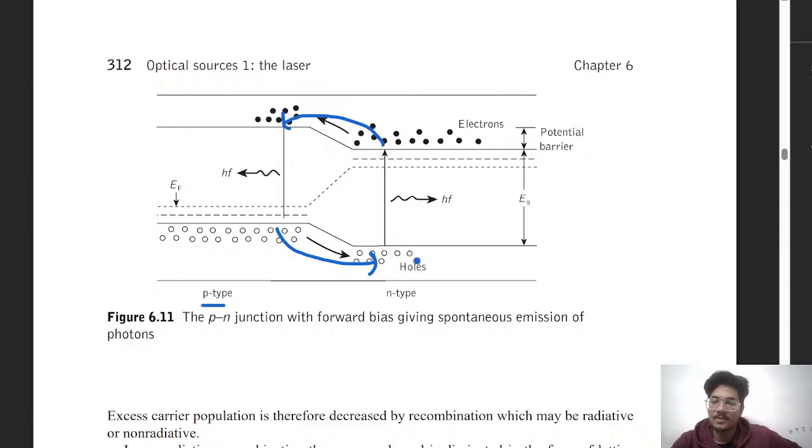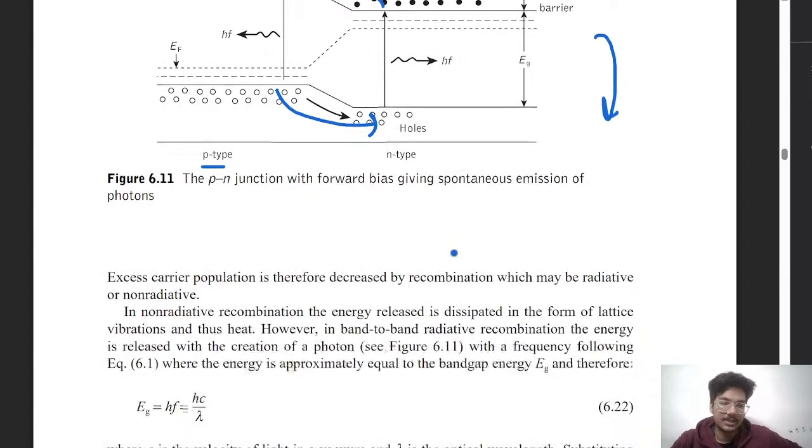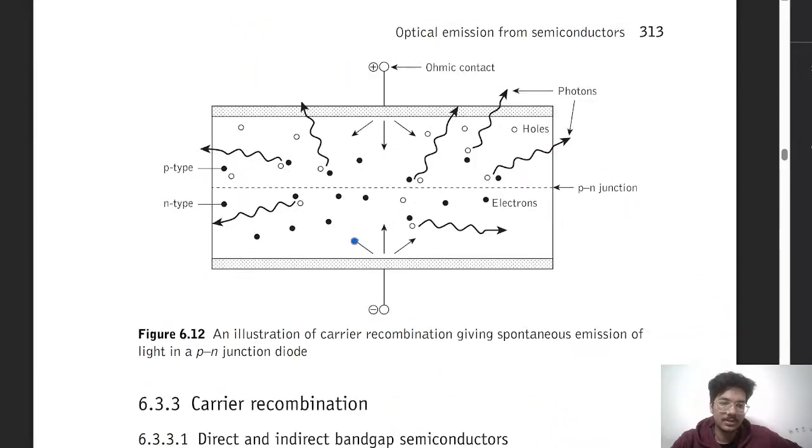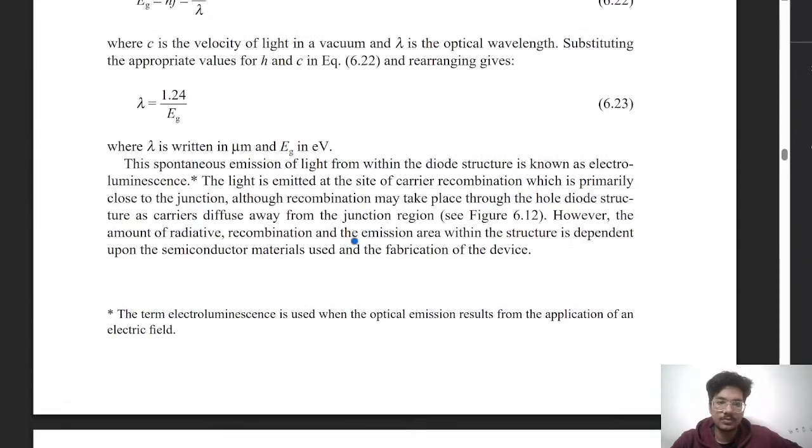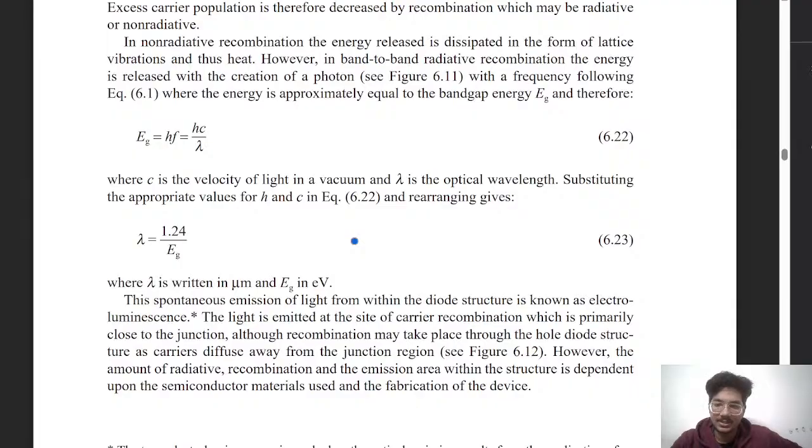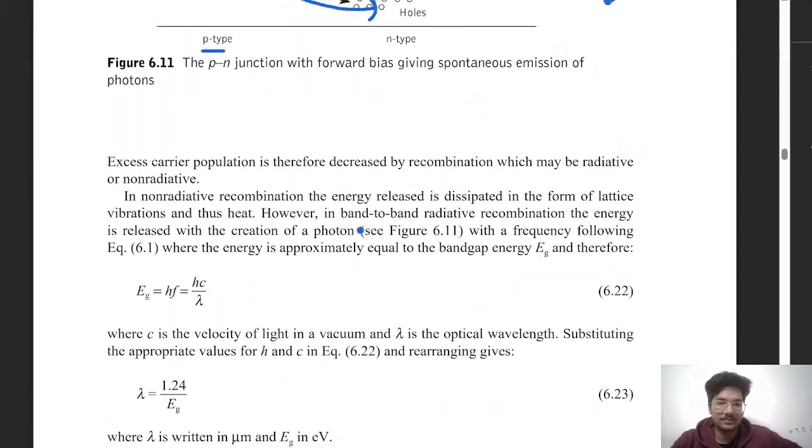So both sides of the junction suddenly have electrons in the conduction band and holes in the valence band. When an electron drops from the conduction band to the valence band, energy is released, approximately equal to the band gap. There are two possibilities: radiative or non-radiative recombination.